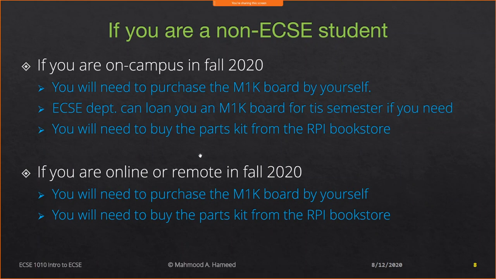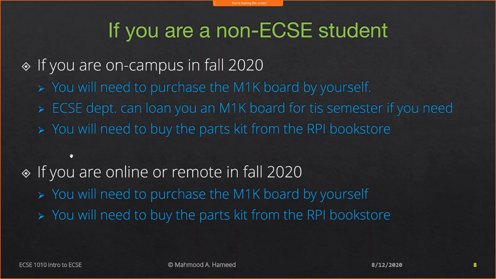If you are a mechanical student, or some other department, or a computer science student, that means you are not an ECSE student, which means that you're going to have to buy the lab equipment yourself, both the M1K board as well as the parts kit.